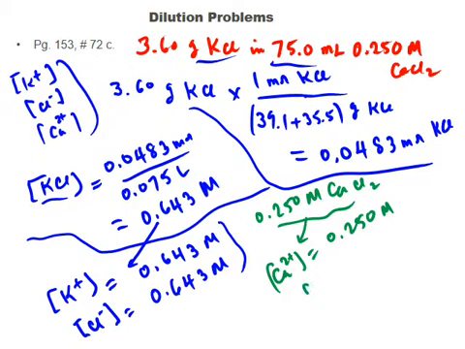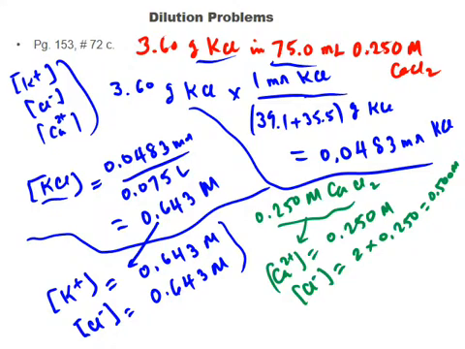What about Cl minus? Cl minus concentration should be 2 times that of calcium, because when each molecule of CaCl2 breaks down, you get 2 Cl minuses. So when 0.250 molar breaks down, you get 2 times 0.250, and that gives you 0.500 molar Cl minus.